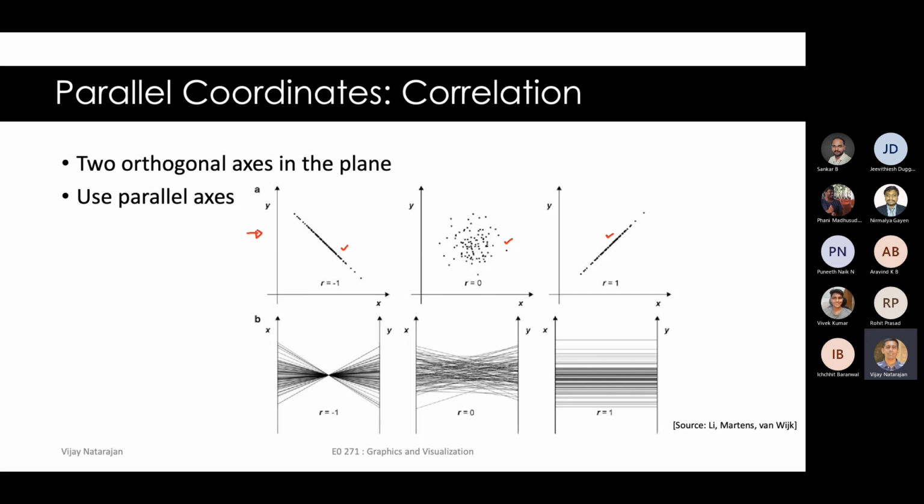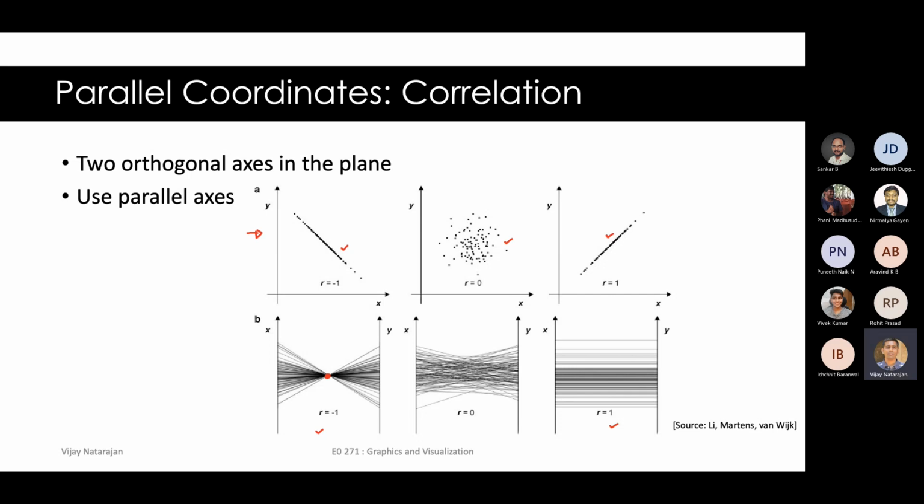For R equal to 1, the positive correlation, you will see a collection of parallel lines. You can imagine why this is true. For R equal to -1, you will see a bunch of lines that cross top to bottom, and in the ideal case, they will all pass through one point in the center.